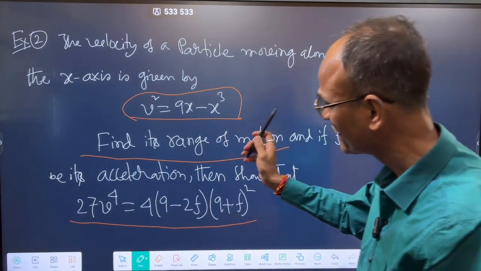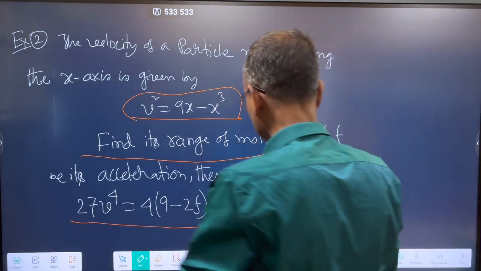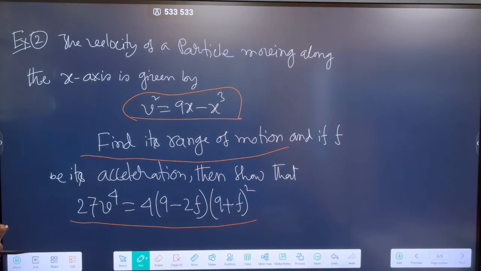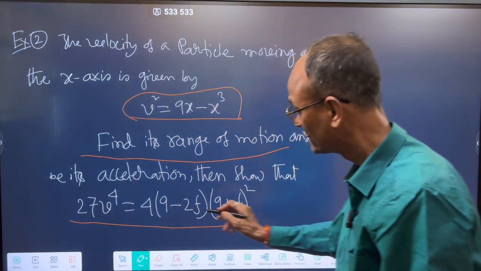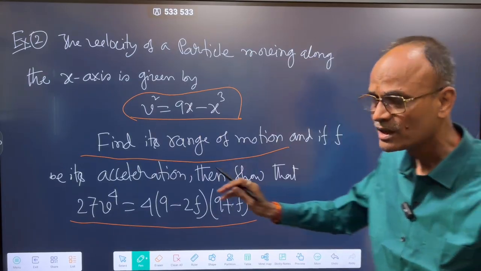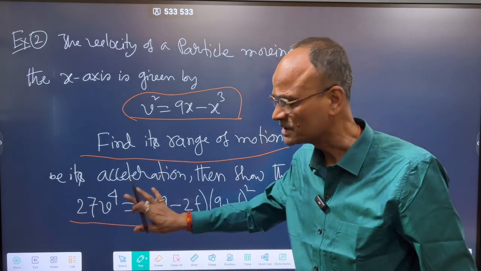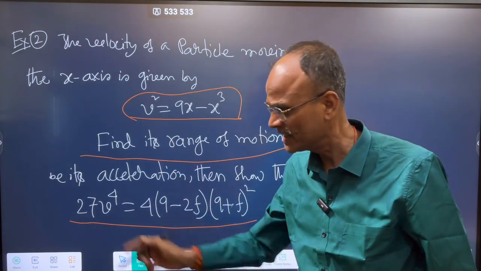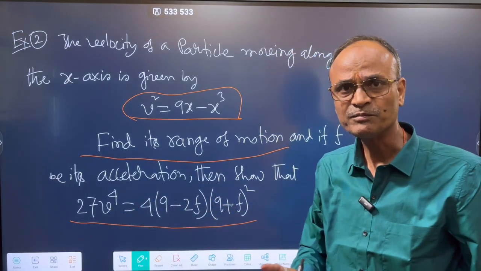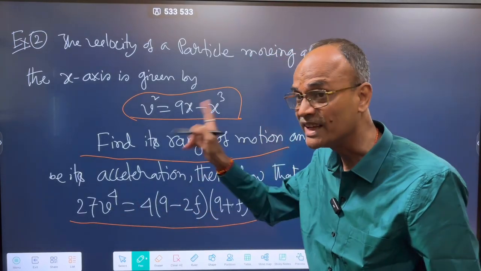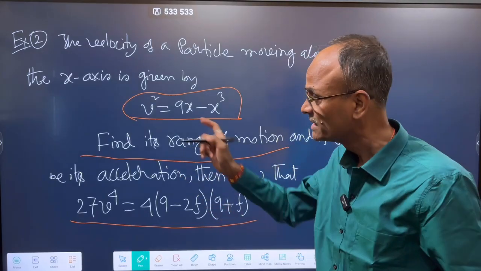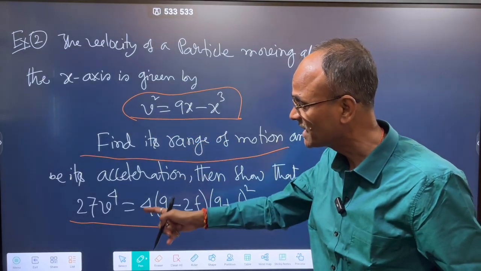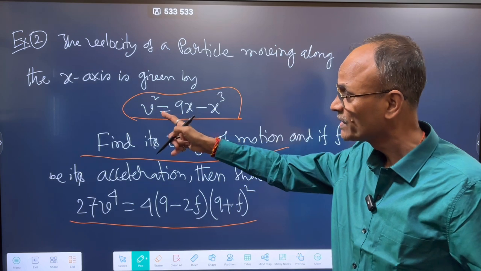Now the second part. If f is the acceleration, then show that this holds. Don't look too much at it, just notice one thing: there is v and f, but no x in it. Eliminate x. First find the acceleration f.